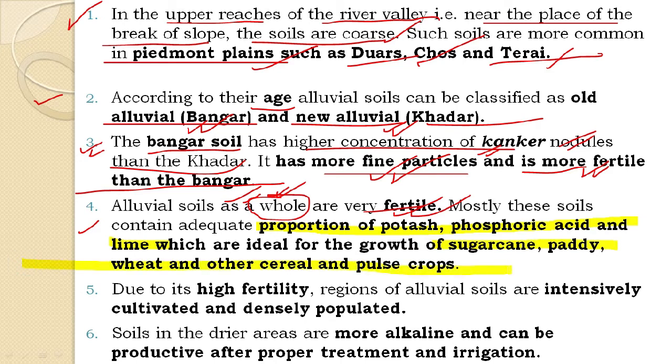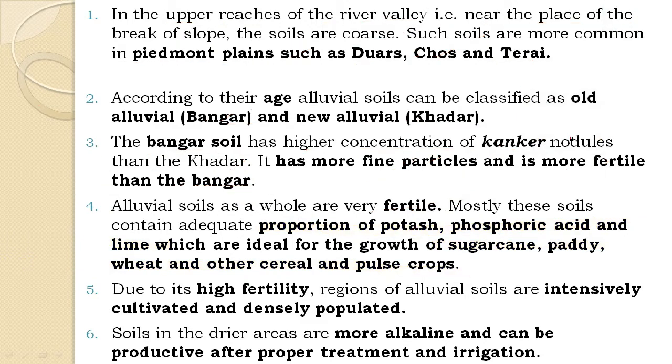Now if you find some difficulty in remembering all these nutrients, let me give you a short trick to memorize them. You take Pa from phosphoric acid, so it comes as Pa, because students, it's very important to memorize all this. Clear? So you need a trick to remember all this till your examinations.